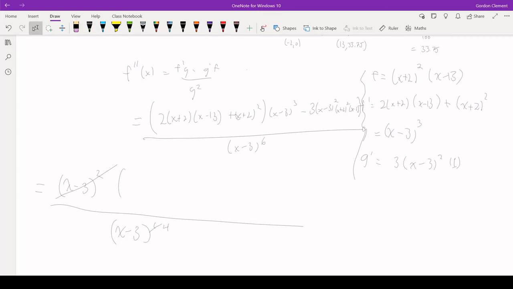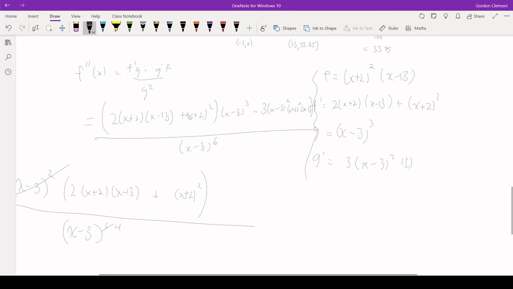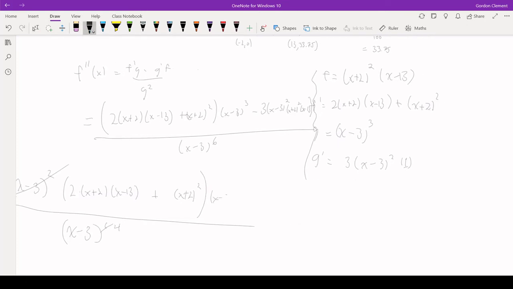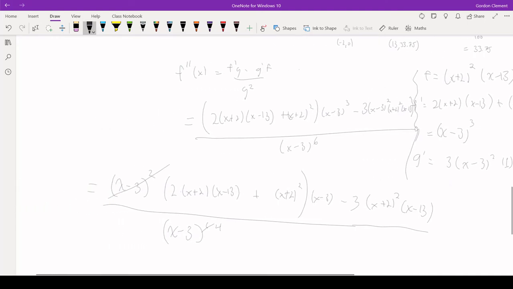And then I'm left with, so that gets rid of 2, (x plus 2)(x minus 13), plus (x plus 2) squared. So that, same bracket as before, but now there's just one of those multiplied by that, minus 3(x plus 2) squared. So the (x minus 3) squared is up front, and then an (x minus 13), something like that.